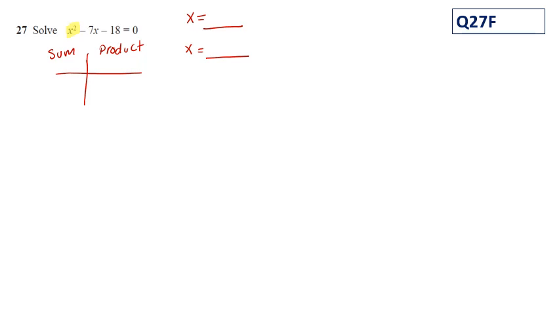Now the product is the number at the end, in this case that it has no x next to it, and that is negative 18. So the product is negative 18, and the sum is the term with the x, the coefficient of x, including the sign, so that's minus 7.